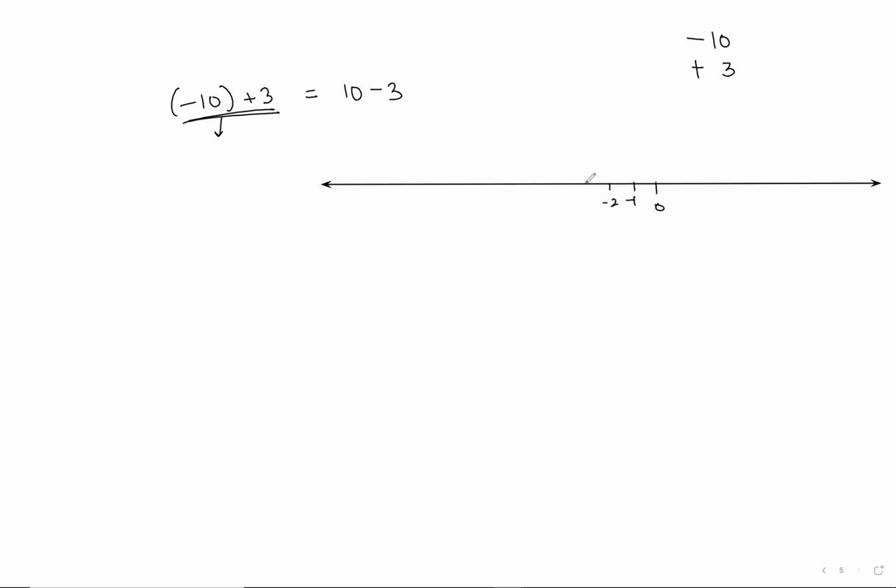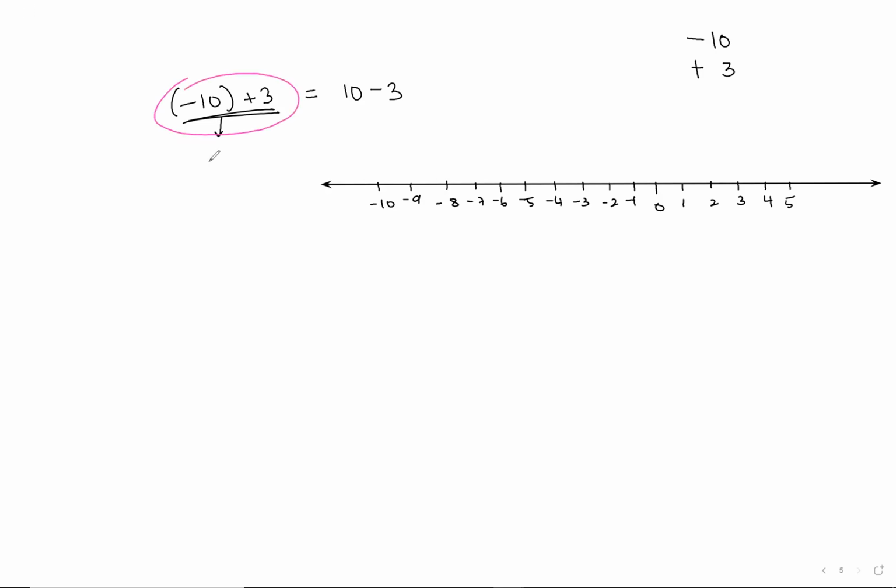I hope you're making it alongside. Okay, so I'm done making my number line. Done? I am done. Okay. So, what do we need to do?